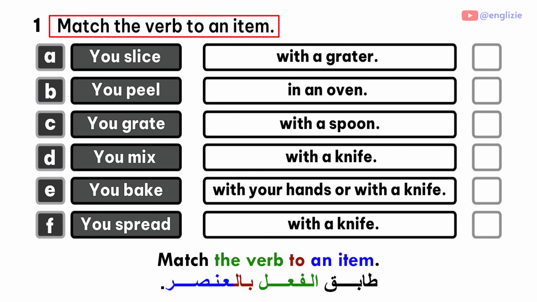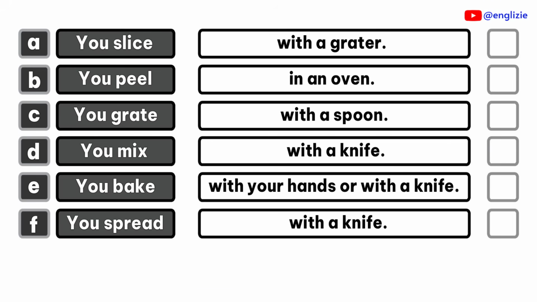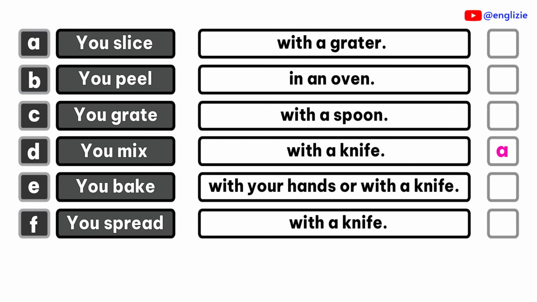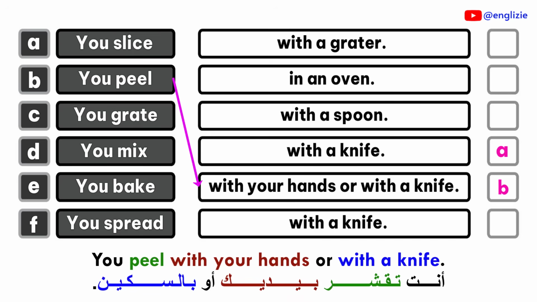Match the verb to an item. A. You slice with a knife. B. You peel with your hands or with a knife.